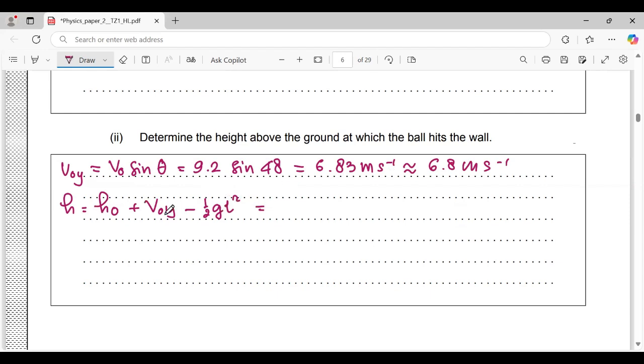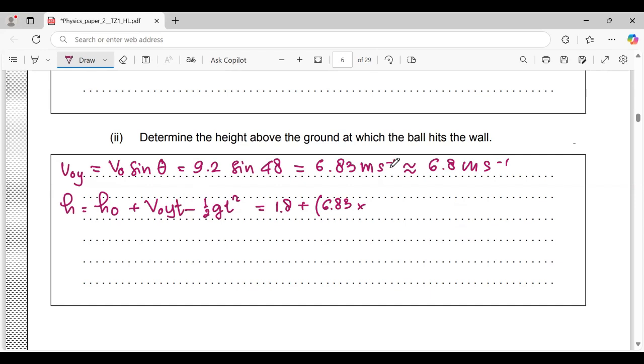So substitute all the information: the initial height is 1.8 plus the vertical speed on the y-axis, this one, 6.83, times t. This is times t actually here.